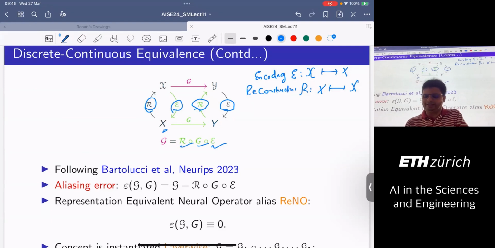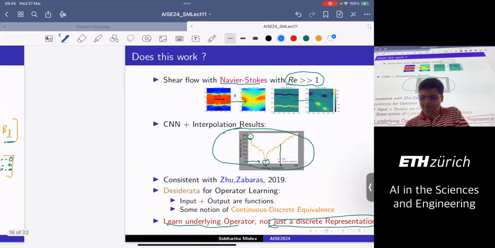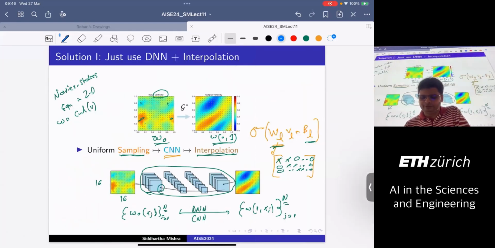So this is exactly what we did before, where first we went from the continuous to the discrete by using the sampling. So this was my E. Then I did some processing there. This was the CNN. This was my discrete operator G. And then I went back up with the interpolation.